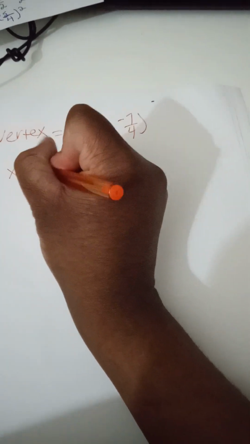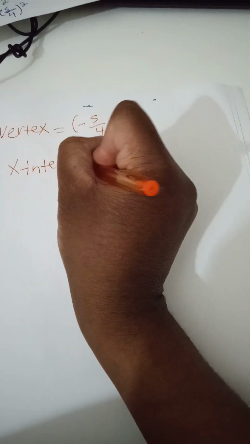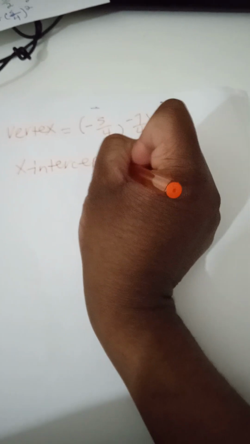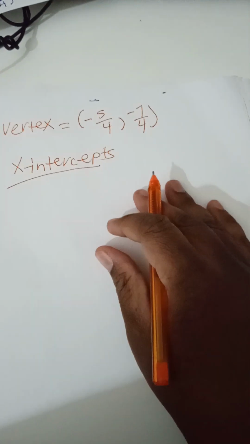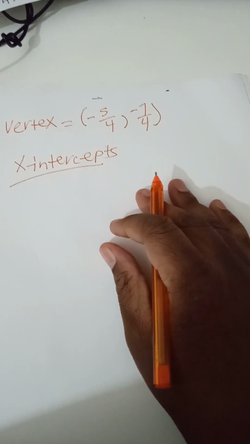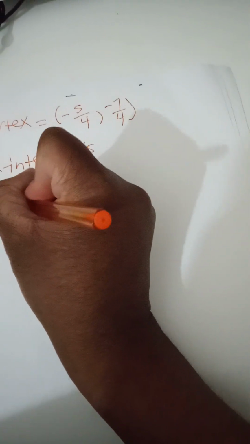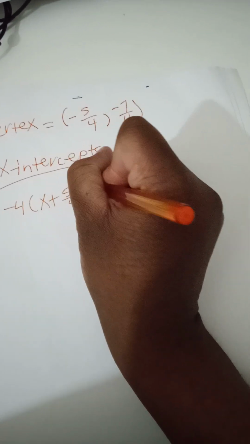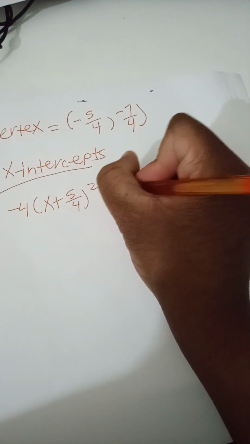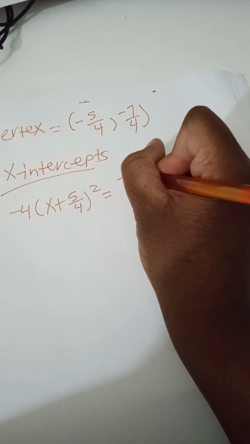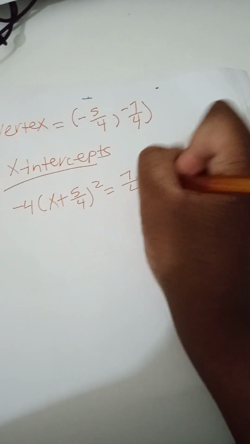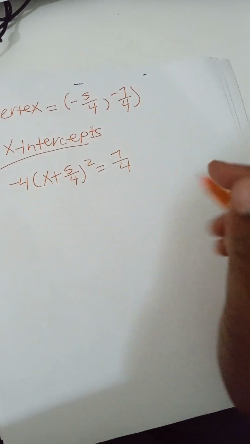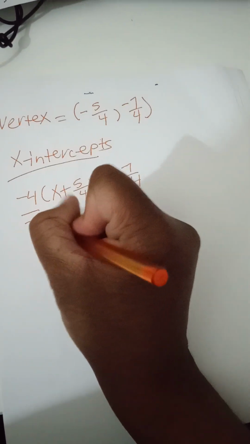Now let's locate the x-intercept. So we must go back to the part where we had -4 times x plus 5 divided by 4 squared is equal to 7/4. So now we divide both sides by -4.